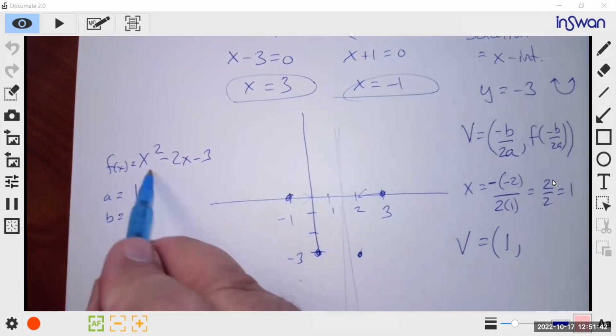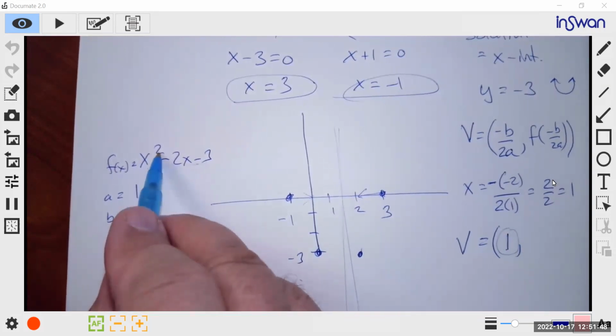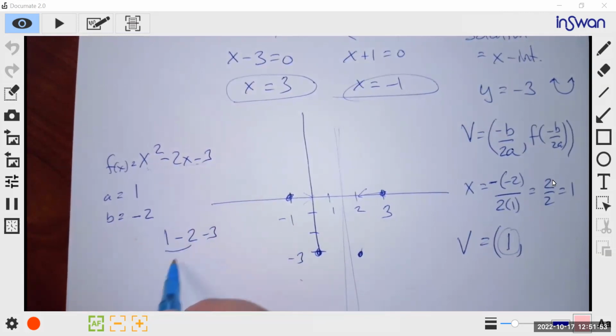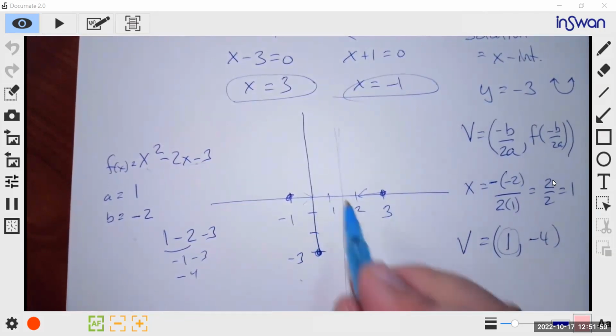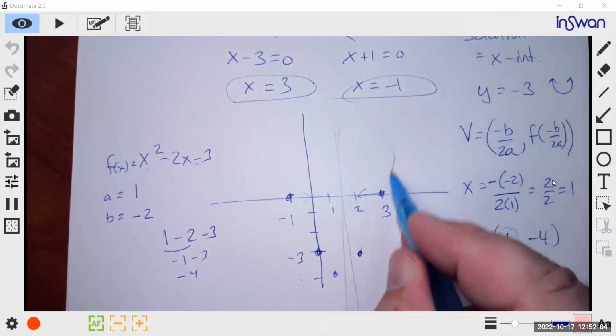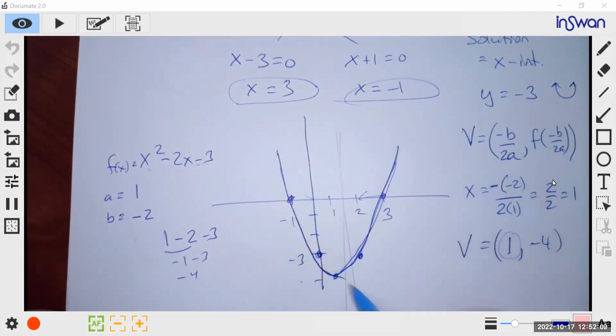We take the 1 and plug it back into the equation. Our x value is 1. So 1 squared is 1, 1 minus 2 minus 3. So that's -1, then -4. So at x = 1, y = -4. That's where the vertex is. There's our graph. We're building these things up piece by piece.